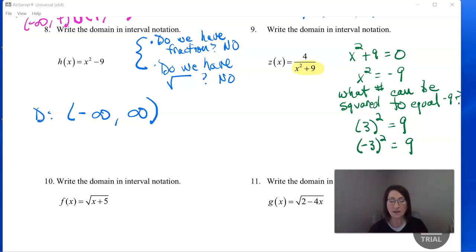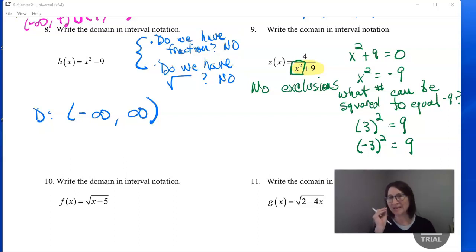So what does that mean? It means there are no exclusions. I don't have to worry about getting a negative 9 with that x squared. And it's only a negative 9 that is going to give me a 0 in that denominator.